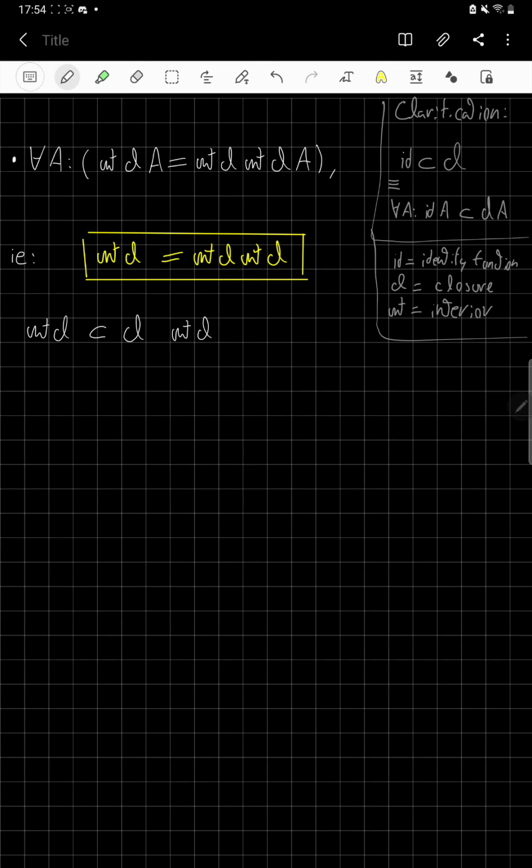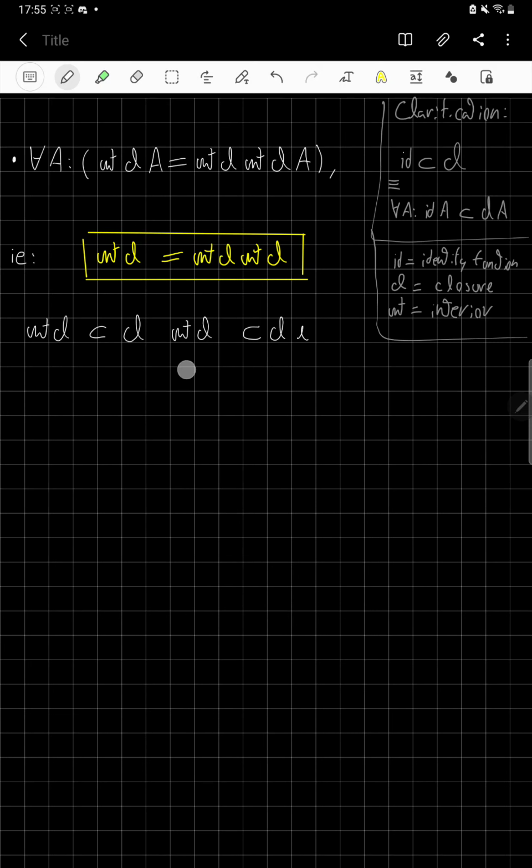Now let's work this member. We can make it bigger because we want to relate it to a certain closure. This is going to be included in the closure of the identity. We substitute the interior by an identity, and of course the closure of something smaller is going to be smaller than the closure of something bigger.